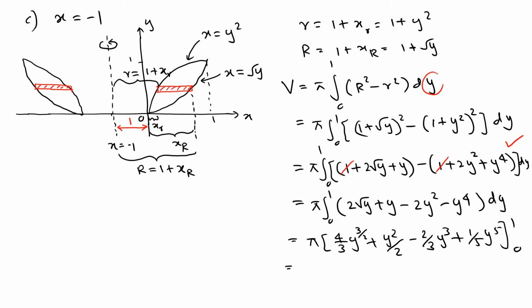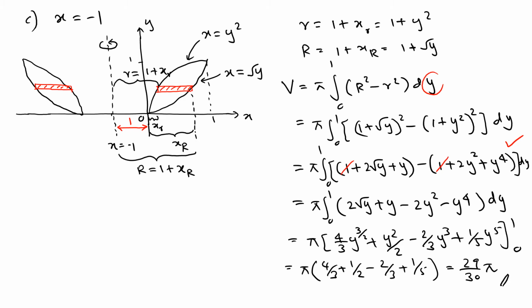When you plug in 1, you get numbers, and actually what you get, pi times 4/3, 1/2, 2/3, 1/5, and if you simplify all of them, you're going to get 29/30 pi. So that's the volume of the solid generated.